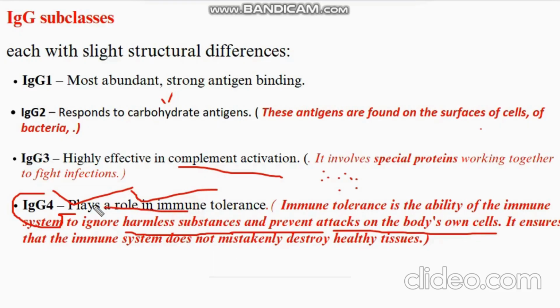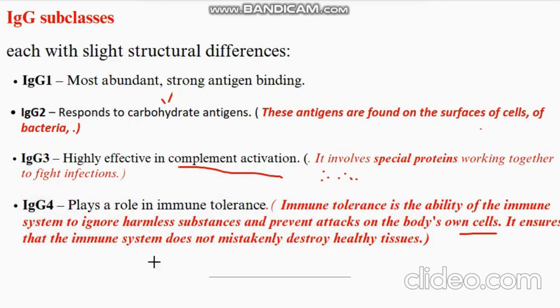This is very important because whenever the immune system gets hyperactive, it will not differentiate between the harmful substance and the body's own cells. That is why IgG4 plays a very important role in maintaining immune tolerance. These are the four subclasses of IgG antibodies.